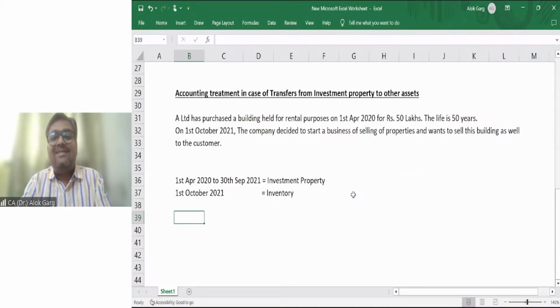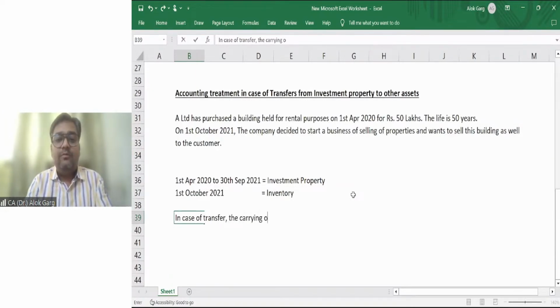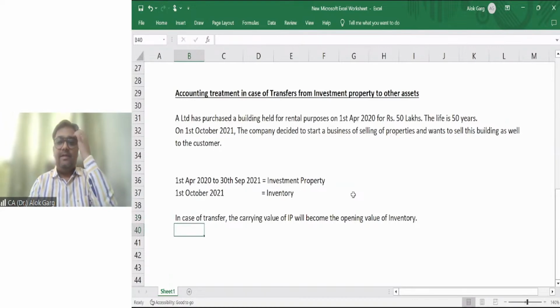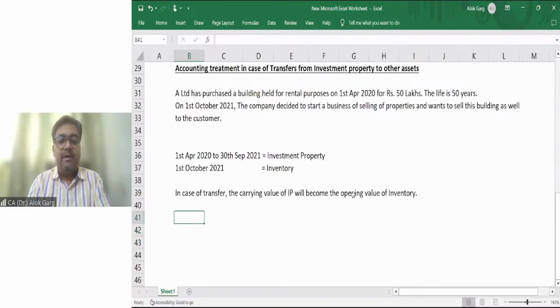In that case, the standard says that in case of transfer, the carrying value of investment property will become the opening value of inventory, right? What is the accounting entry? Let's discuss the accounting entry one by one.